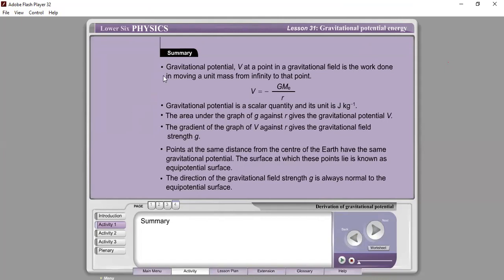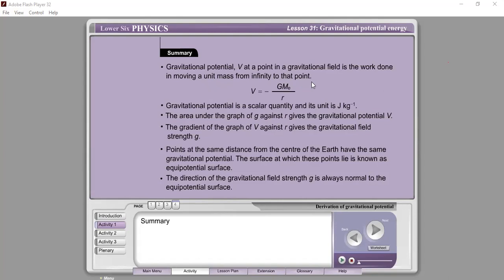Gravitational potential V at a point in a gravitational field is the work done in moving a unit mass, any object, from infinity to that point.